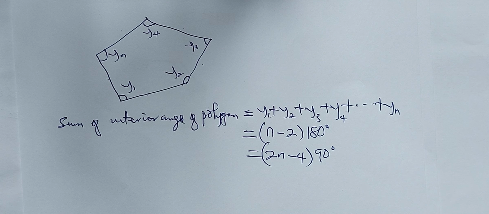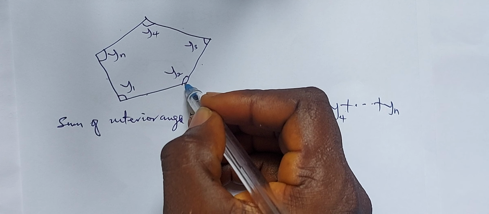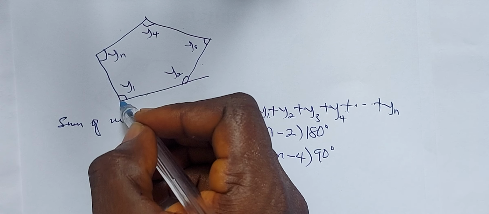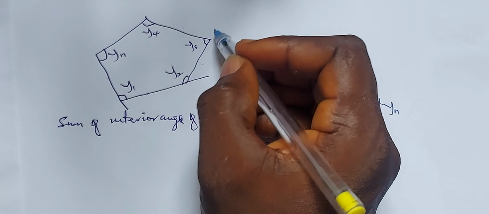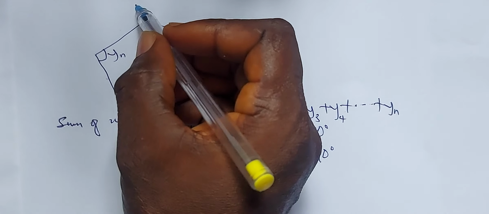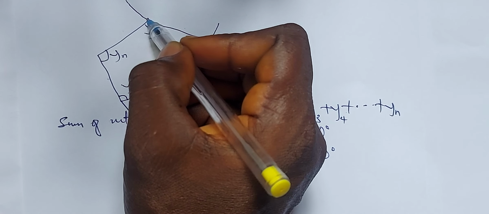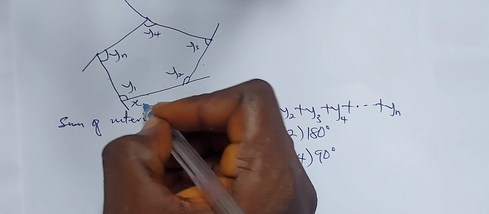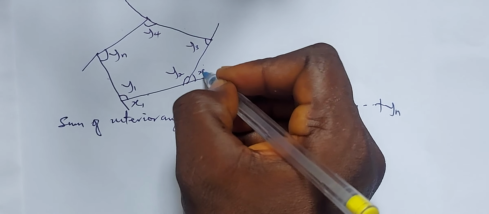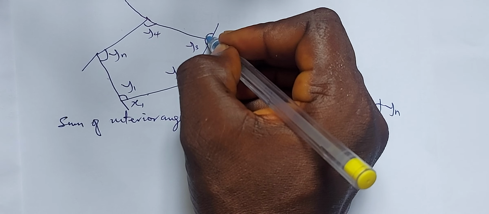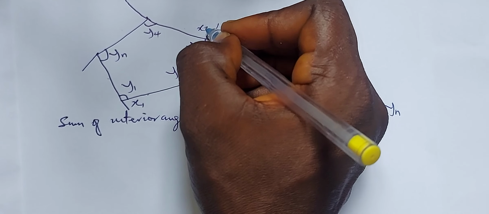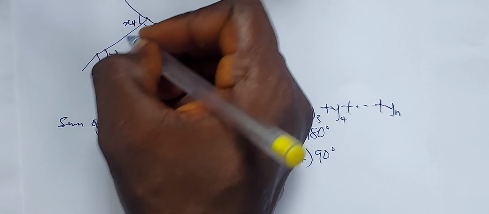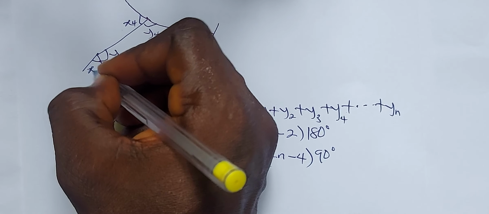Another thing we need to look at is the exterior angle. From here, let me extend this line. Assuming it is extended, it could be x1, x2, x3, x4, and xn.